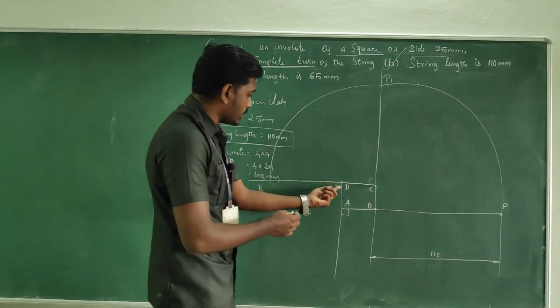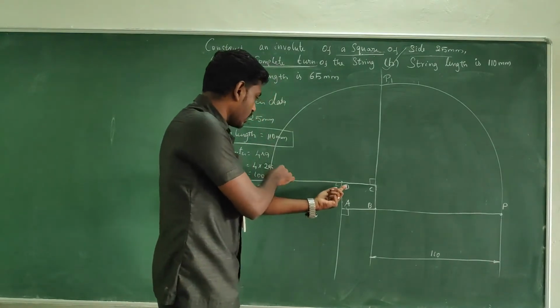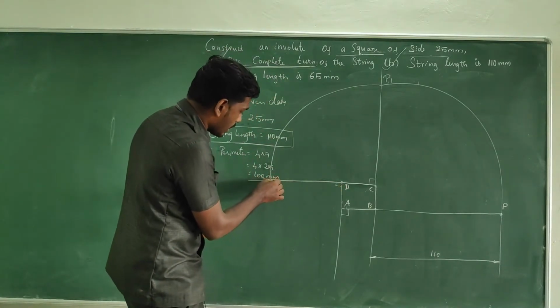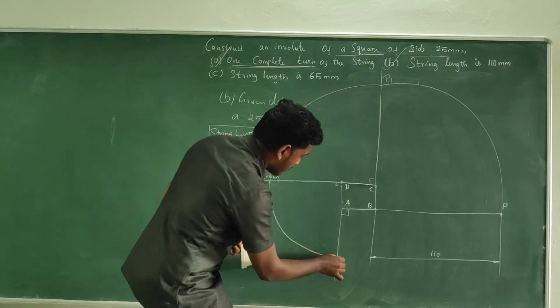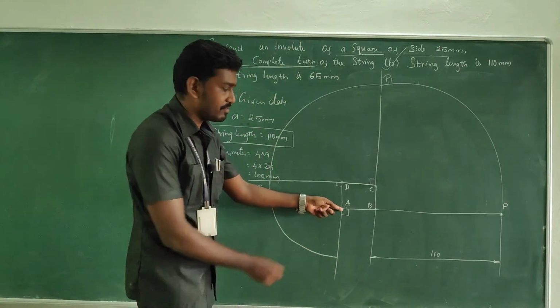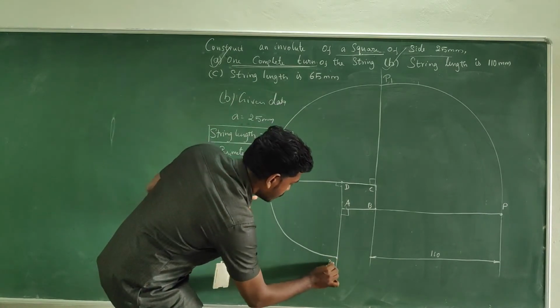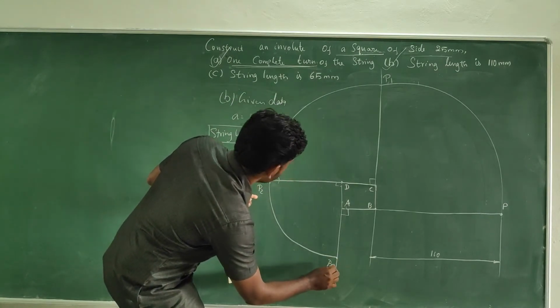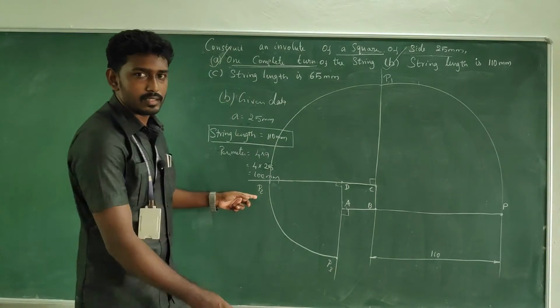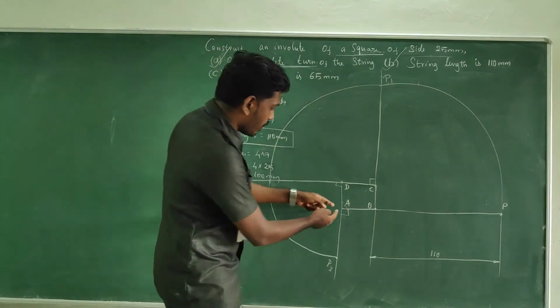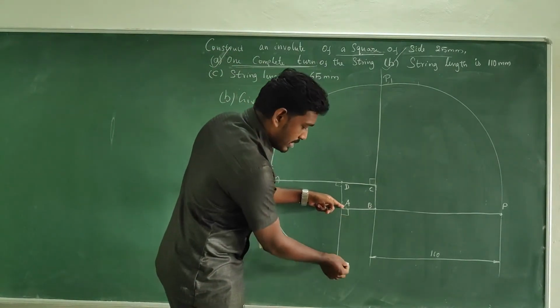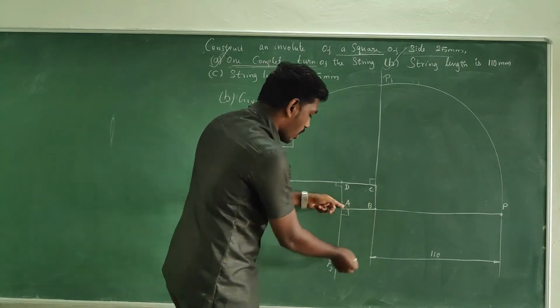The same thing, measure D to P2 and go for an arc to the perpendicular line from A. Its intersection point is P3, right?